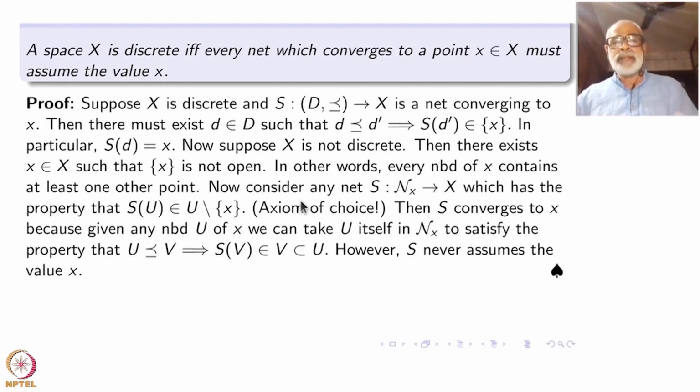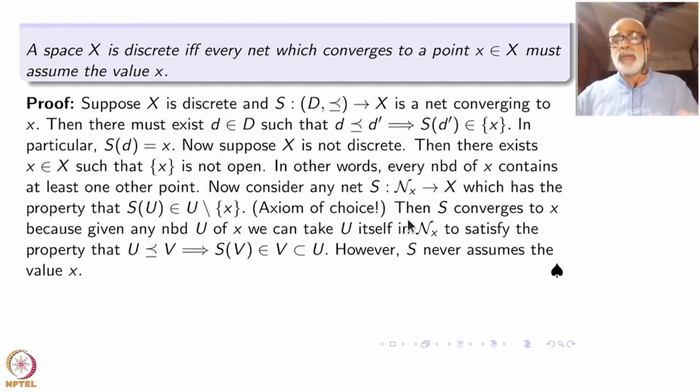Therefore, we can construct a net S from the neighborhood system N_x to X, which has the property that S(U) is inside U minus {x}. U minus {x} is non-empty by our choice of x in a non-discrete space, right? So this function exists because of the axiom of choice.